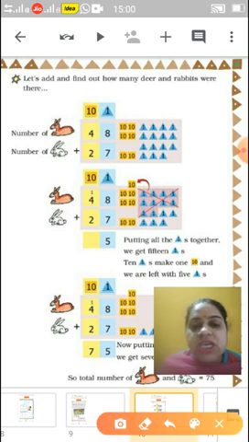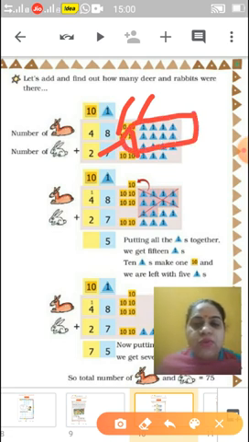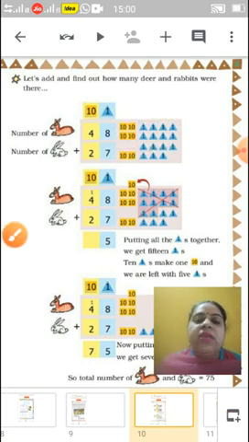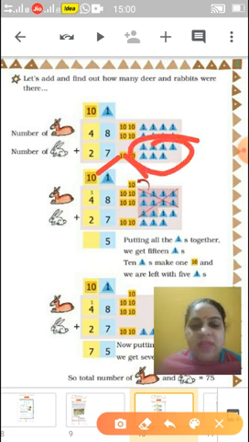Okay, so the same they did here. Like 48, so what they did: one ten for 10, so 1, 2, 3, 4 tens make 40, and 8 ones they are taking. Same they were doing here, 27: 20, so they were taking 2 tens here and 7 ones.